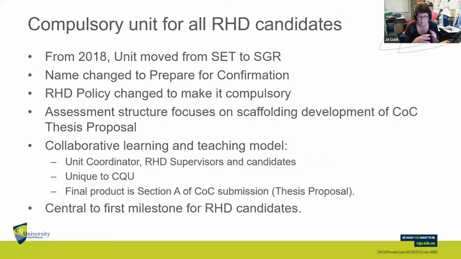So for a lot of them, it is really a major step. It's probably one of the biggest pieces of work that they've had to write in a coordinated fashion. The Section A is usually about 10,000 words. Well, that's what's recommended in the policy.